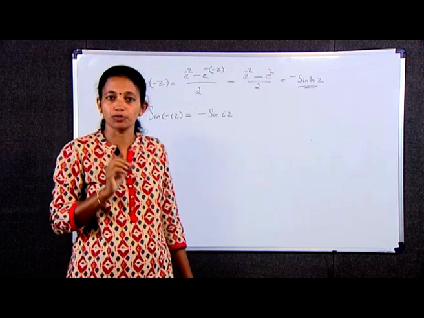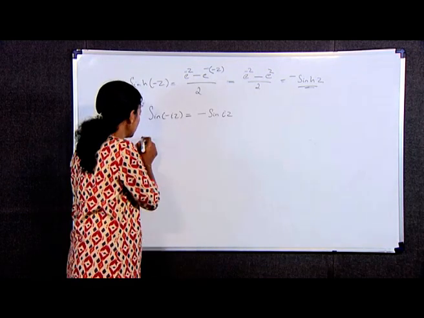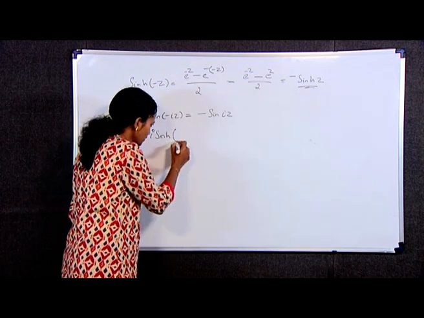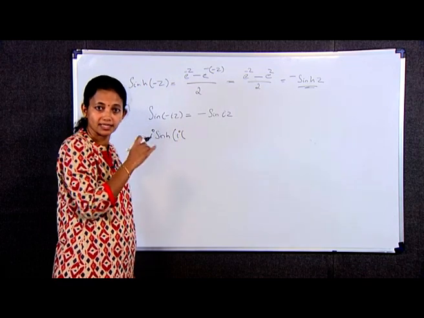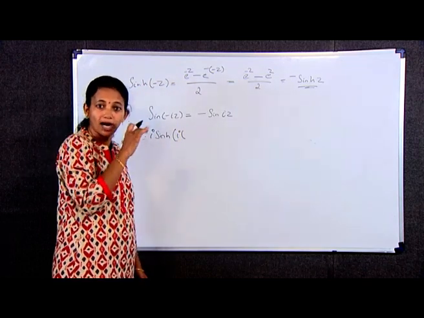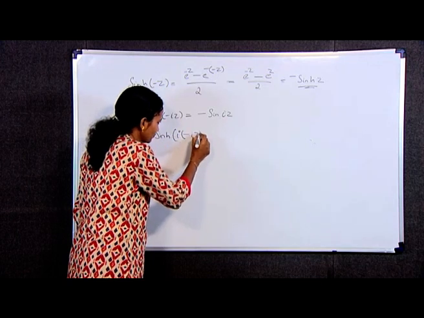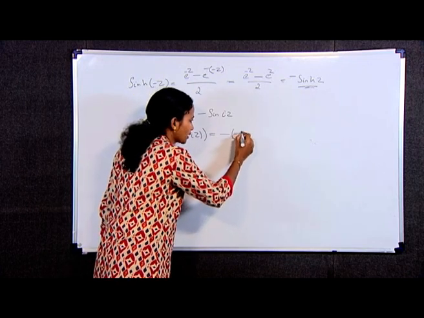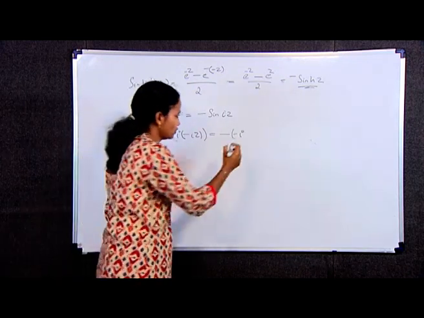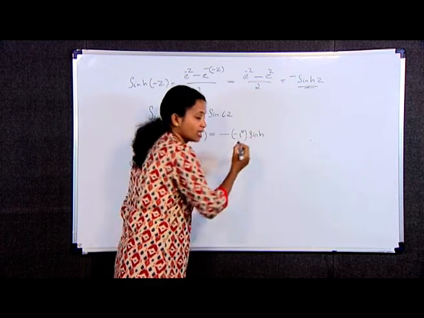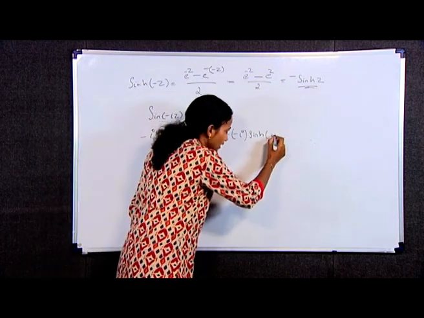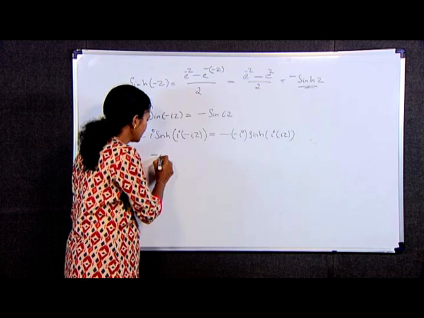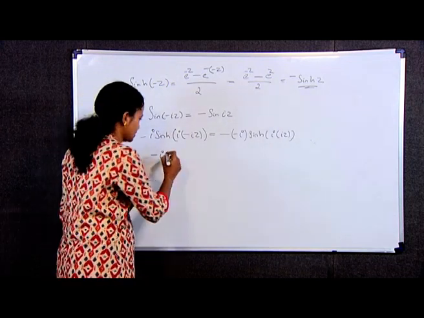Using equation number 2 we obtain minus i into sinh of i of minus iz, which is equal to minus of minus i into sinh of i of iz, that is minus i sinh z.